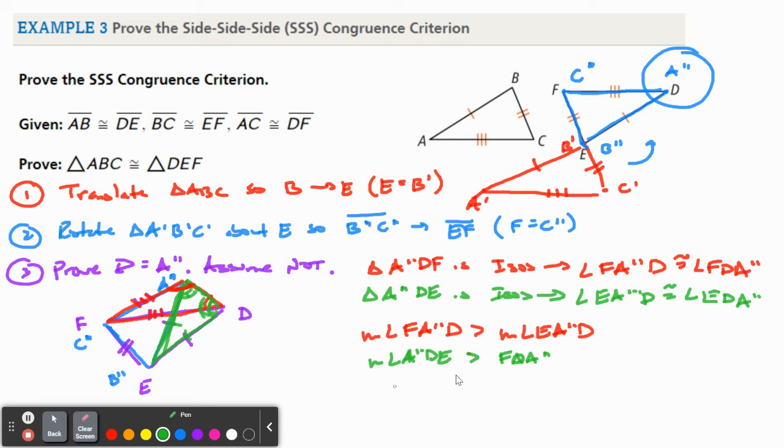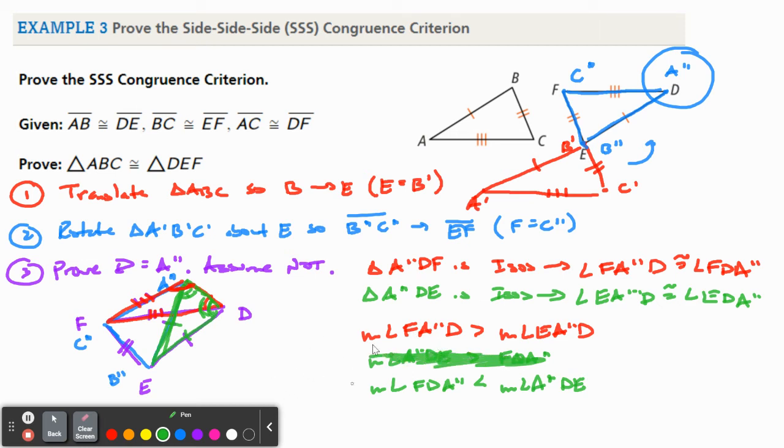I'm actually going to write that in a reverse order so it makes more sense up here. So let me reverse this. So the measure of angle FD A double prime, this angle right here, this small angle, would be less than the measure of angle A double prime DE, this corner angle.